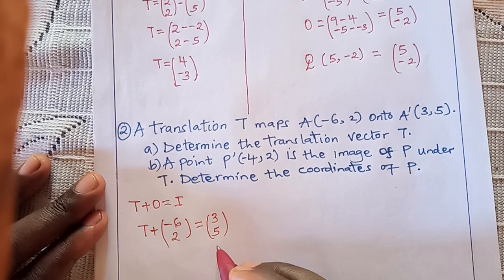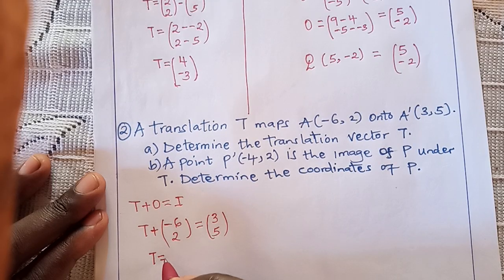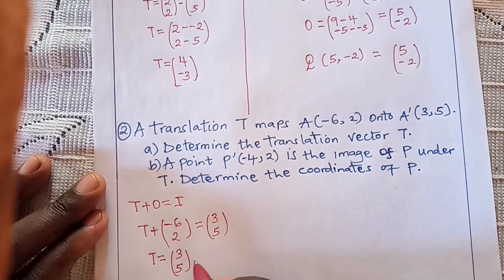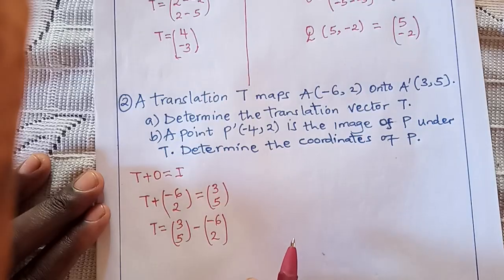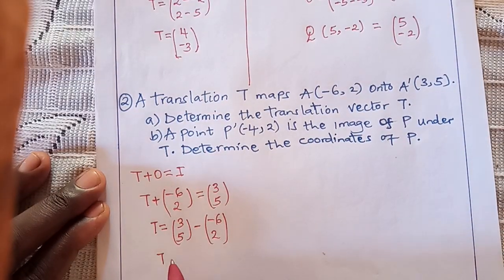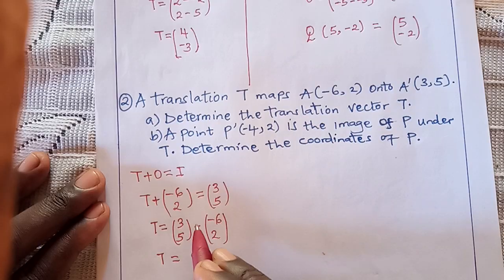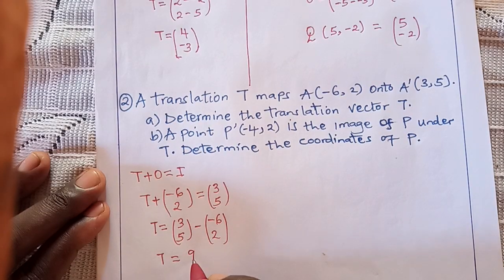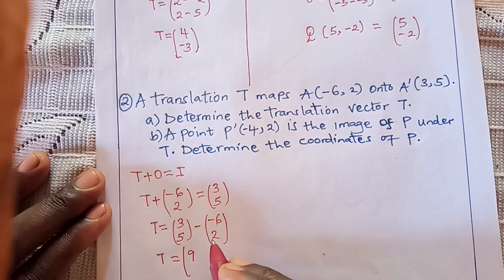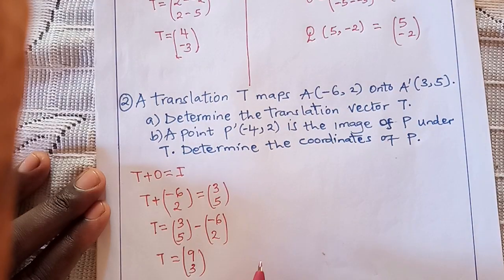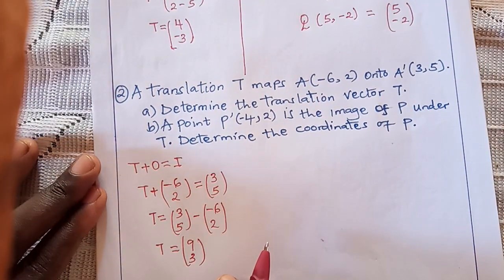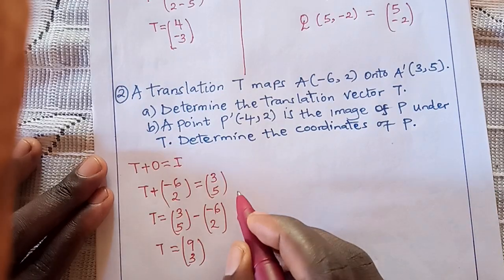For us to work out the translation, we say translation is 3 comma 5 take away negative 6 comma 2. We put like terms together. T is equal to 3 minus minus, it becomes a positive, so we have 9, and then 5 minus 2 gives us 3. So the translation vector T is in fact 9 comma 3.